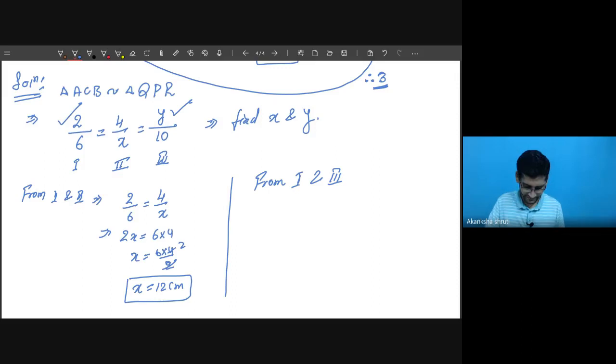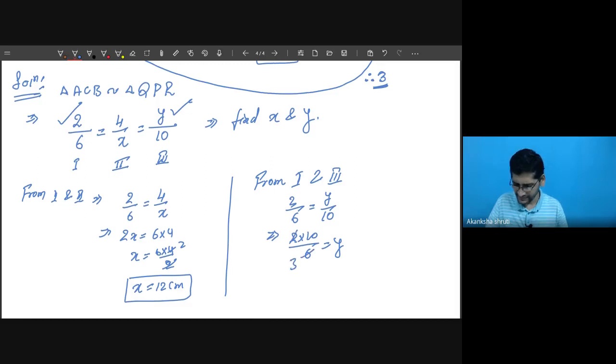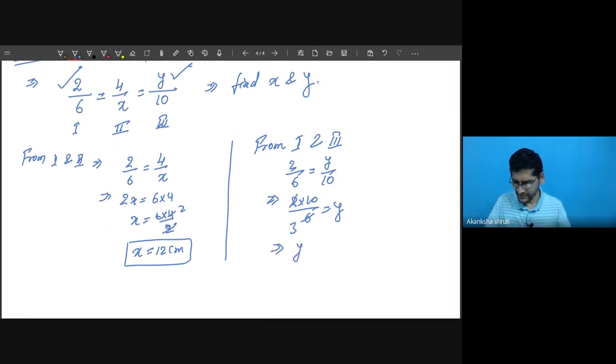That is the way. So here 2 by 6 is equal to y by 10. 2 into 10 by 6 is y. Just cancel whatever can be cancelled. So this implies y is equal to 10 by 3.